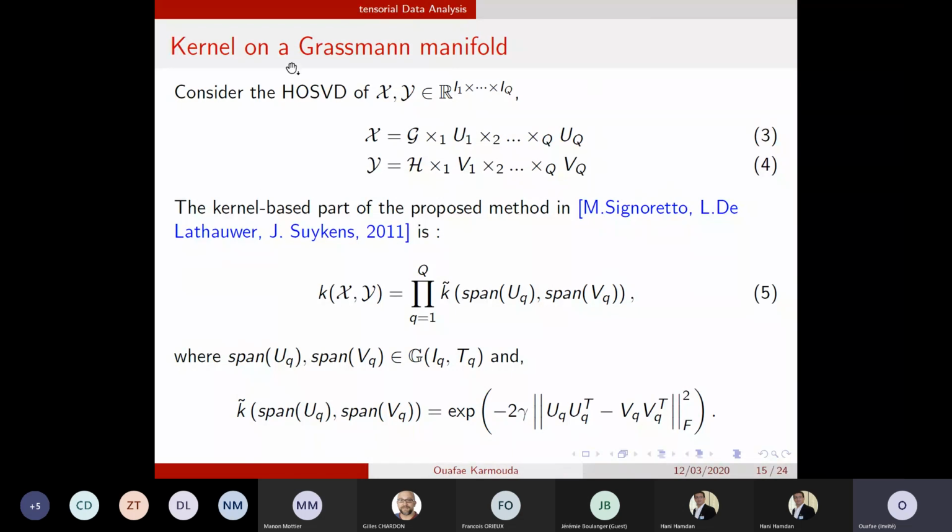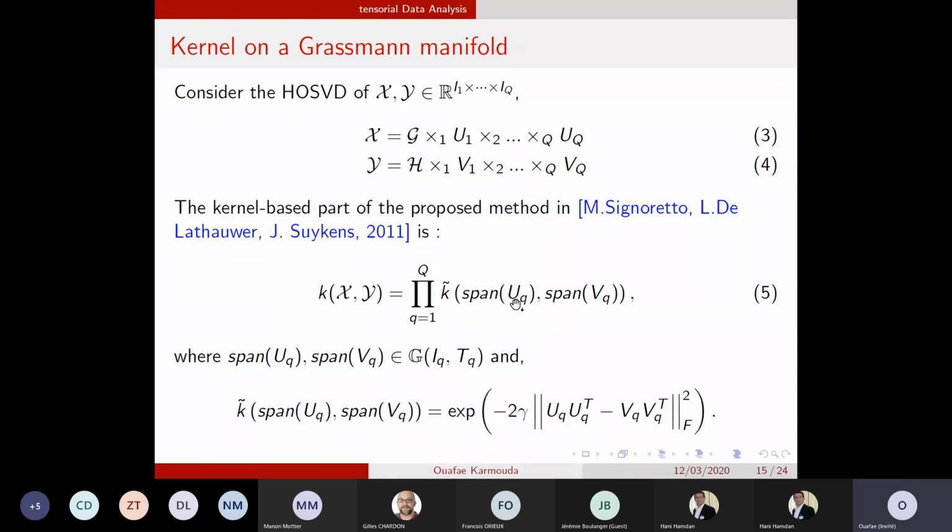So the first step is to consider the higher-order singular value decomposition of two tensors, X and Y. So here we have U1 until UQ, the Q factor matrices of X. V1 until VQ are the factor matrices obtained by doing a higher-order singular value decomposition of Y. And the idea proposed in this paper is just to look for the subkernels between the subspaces spanned by the factors UQ and VQ in each mode q, and then do the product over q of these subkernels to define a kernel between X and Y, which will remain a kernel if the subkernels are kernels, because the product of two kernels is still a kernel.